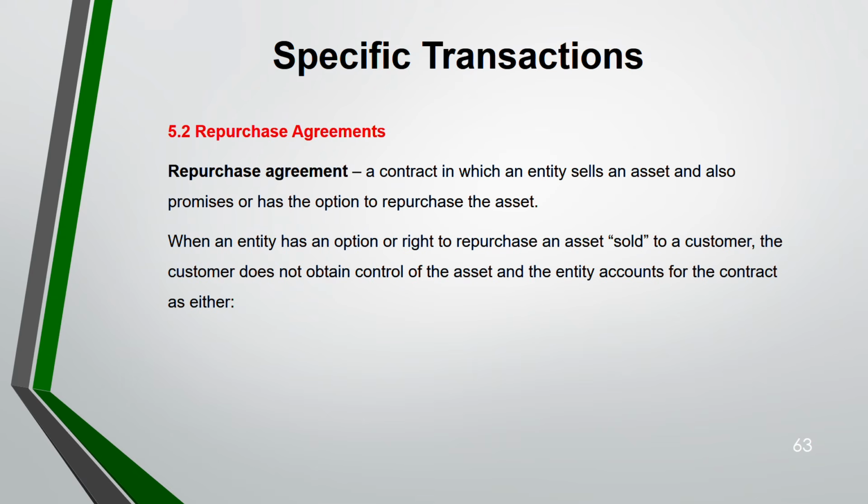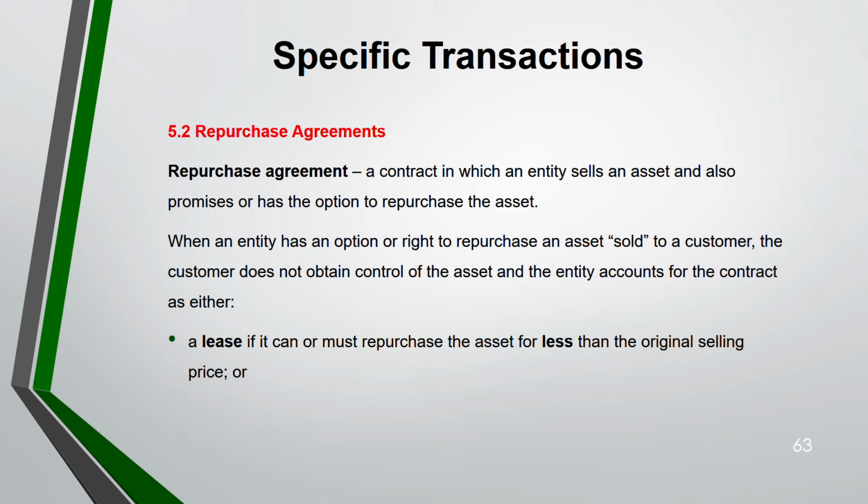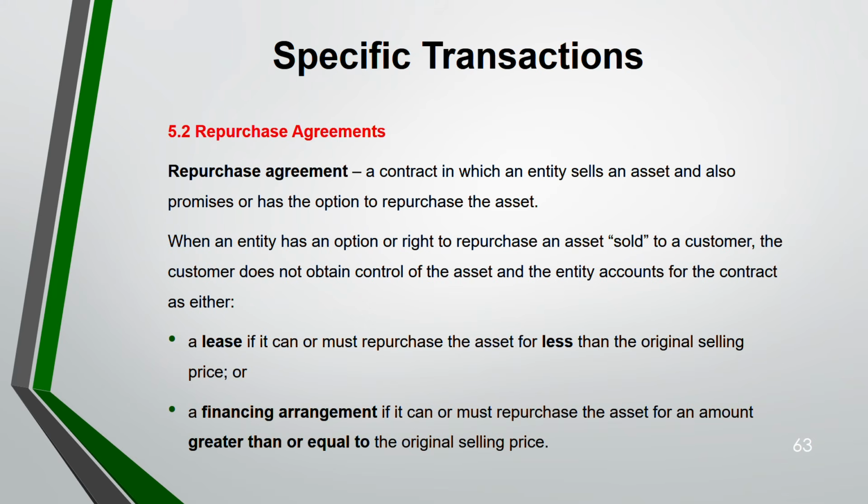When an entity has that option to repurchase the asset sold, the customer will not obtain the control of the asset, and the entity will account for that contract as either of these 2, either a lease or a financing arrangement. Okay, a lease if it can or must repurchase the asset for less than the original selling price. That means you should be able to repurchase the asset at less than the original selling price. Then only it's a lease.